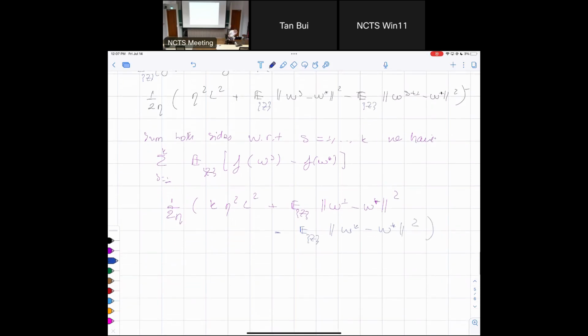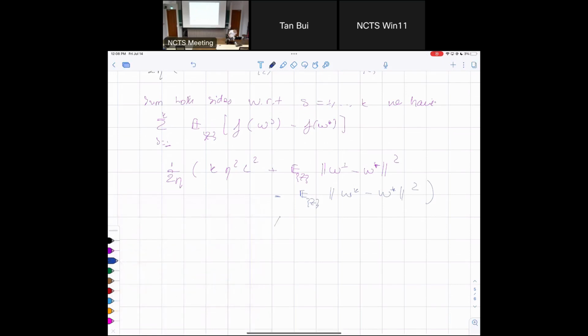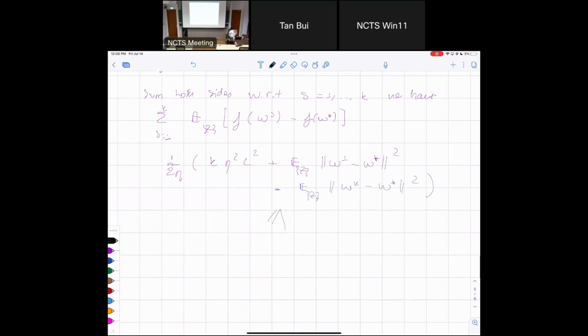Of course, because this is a positive number, it doesn't matter. This plus this minus this is, of course, less than itself. Because we have a minus at the end, this is 1 over 2 eta of K eta squared L squared plus the expectation over Z of W1 minus W star squared.